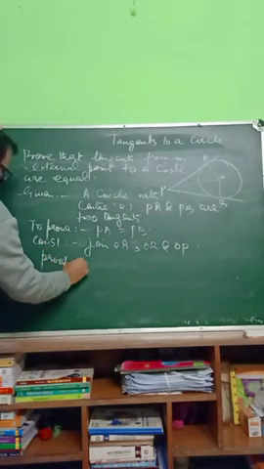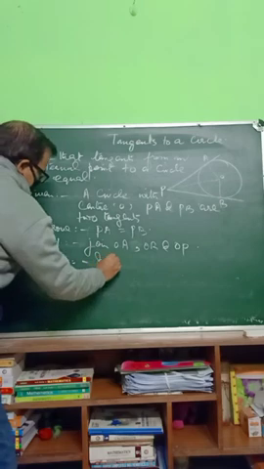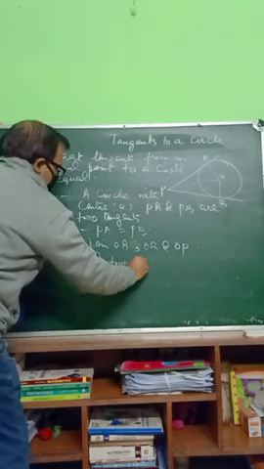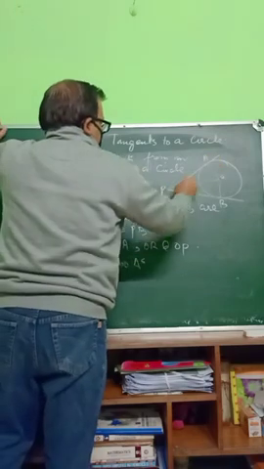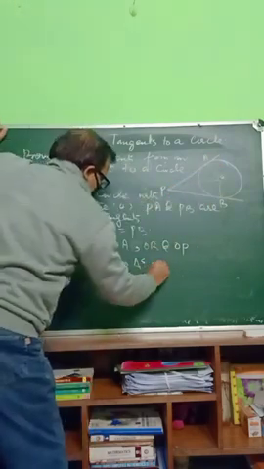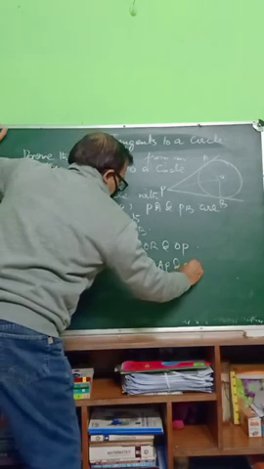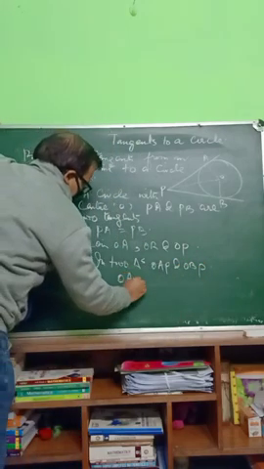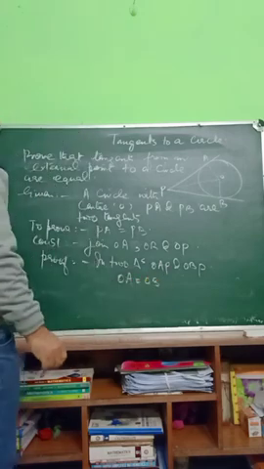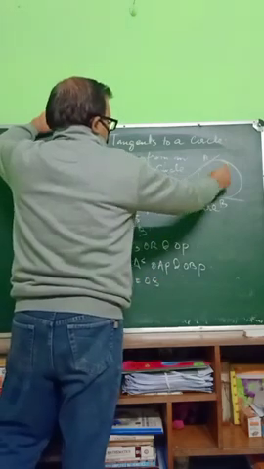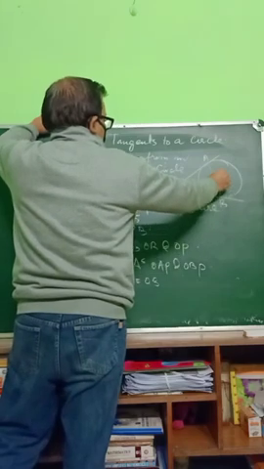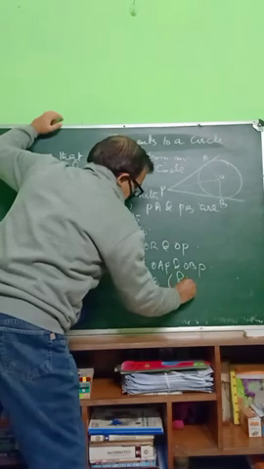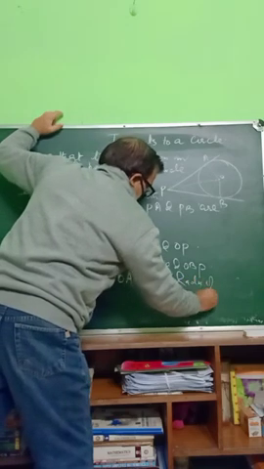Now two triangles are obtained. As we have done in class 9, in the two triangles OAP and OBP, OA is equal to OB because it is the radius of the circle. O to A is 5 centimeters, O to B is 5 centimeters, or 3 centimeters each. Radius of the circle.